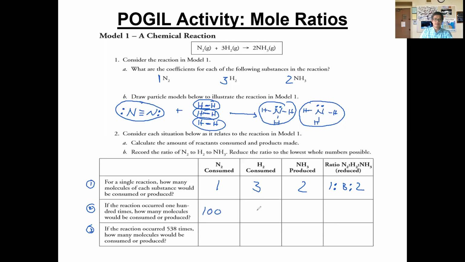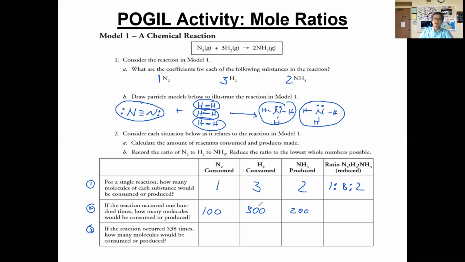If the reaction occurred 100 times, then you'll need 300 molecules of hydrogen, and you will form 200 molecules of ammonia. So essentially we take the same reaction, and instead of running it once, we run it 100 times. We need a whole lot more nitrogen, a whole lot more hydrogen, and we're going to form a whole lot more ammonia.